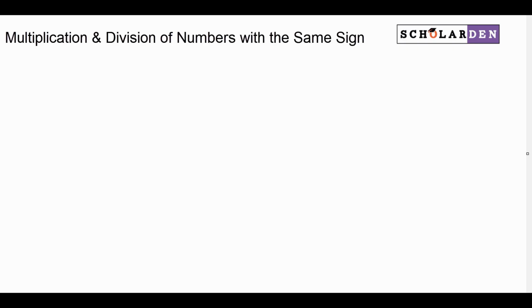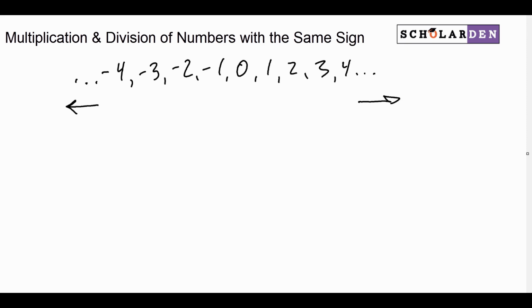Now let's talk first about multiplying and dividing integers, and specifically with regard to their sign, whether they're negative or positive. So let me bring that negative positive back up. You may be used to multiplying and dividing positives by each other.